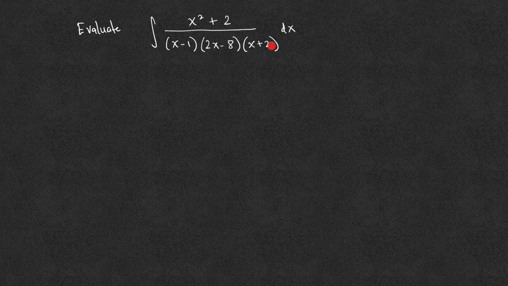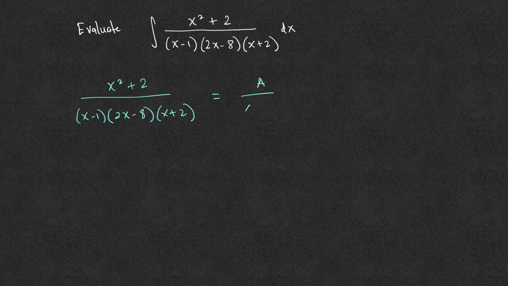The denominator is already in factored form. There are 3 distinct linear factors in the denominator of this rational expression, so we're ready to rewrite this using partial fraction decomposition. (x squared plus 2) over (x minus 1)(2x minus 8)(x plus 2) equals A over x minus 1 plus B over 2x minus 8 plus C over x plus 2.